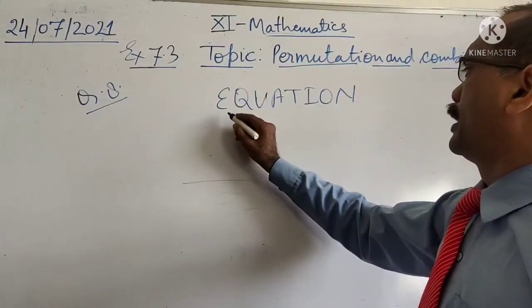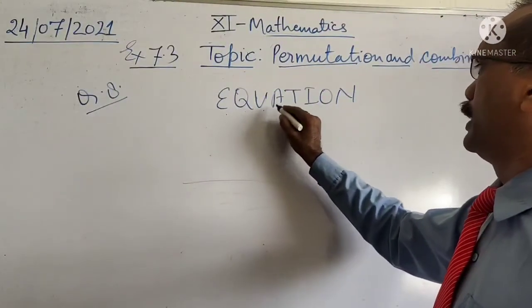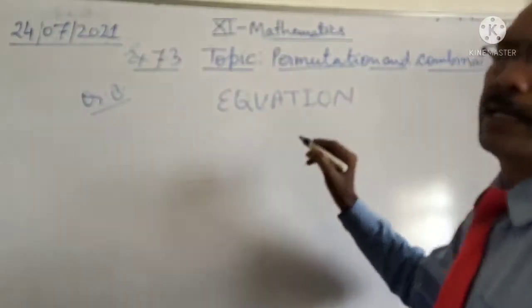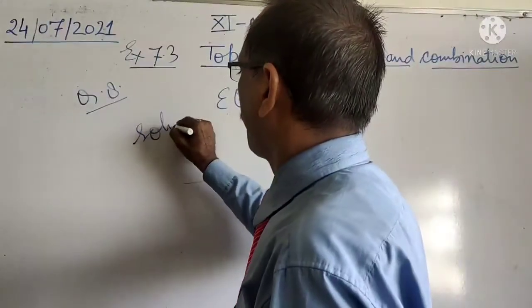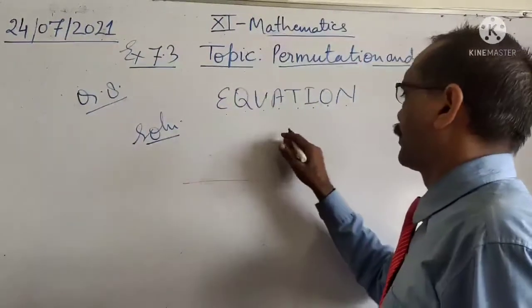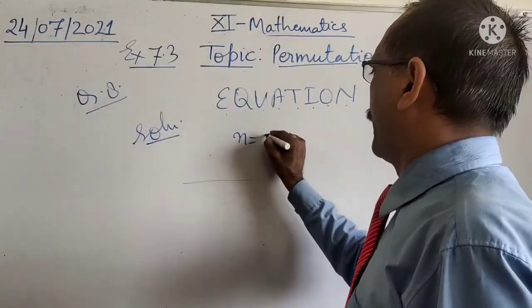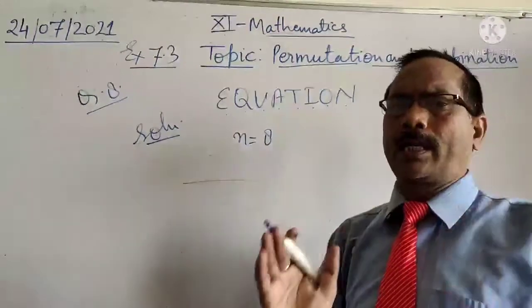Dear student, there are 1, 2, 3, 4, 5, 6, 7, 8. There are 8 letters. So it's a very simple question. n equal to 8, and we have to take all the letters.